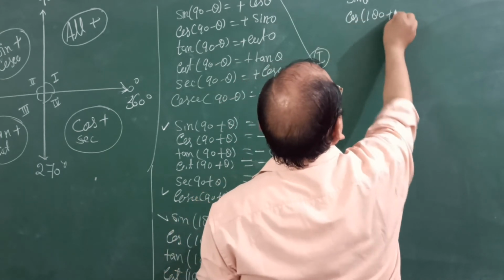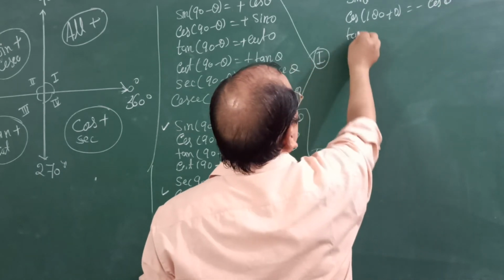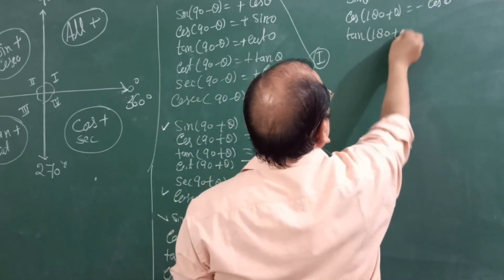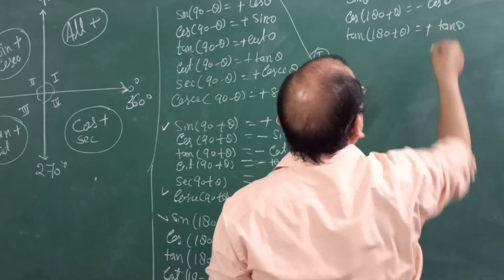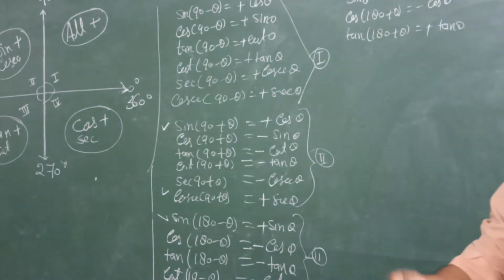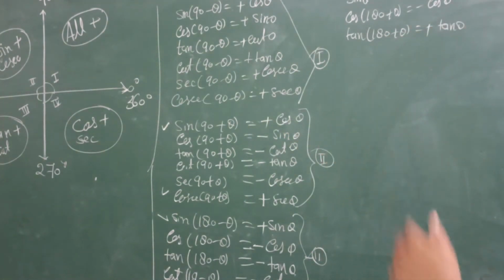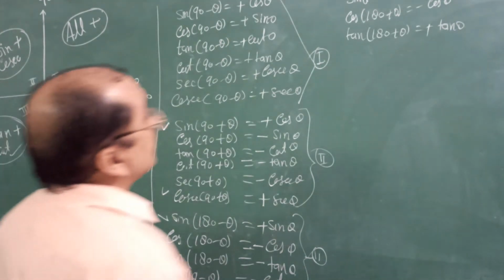Cos 180 plus theta equal to minus cos theta. Tan 180 plus theta equal to plus tan theta, because it is the third quadrant. We know that 180 plus theta means the third quadrant, and in the third quadrant tan and cot both are positive.